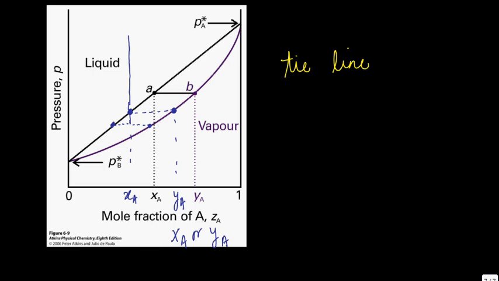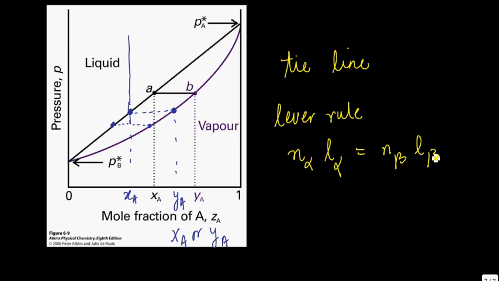And there's something called a lever rule, which tells me exactly how much amount of liquid is present and how much amount of vapor is present. And that lever rule is, let's say we have two phases, alpha and beta, then n alpha times the length on the side of alpha should be equal to n beta times the length on the side of beta, right?